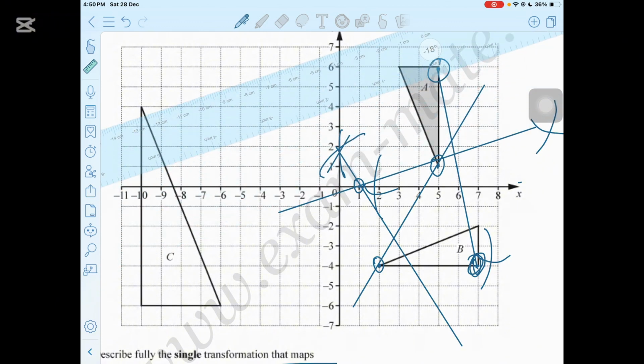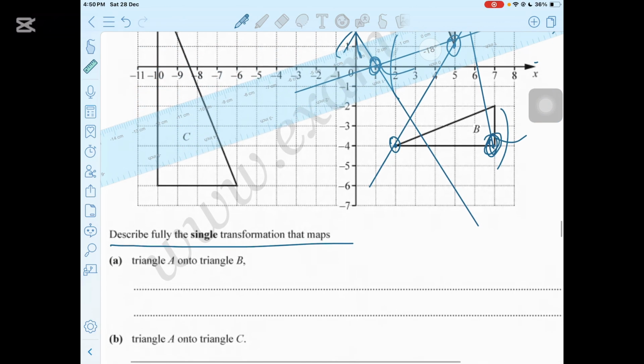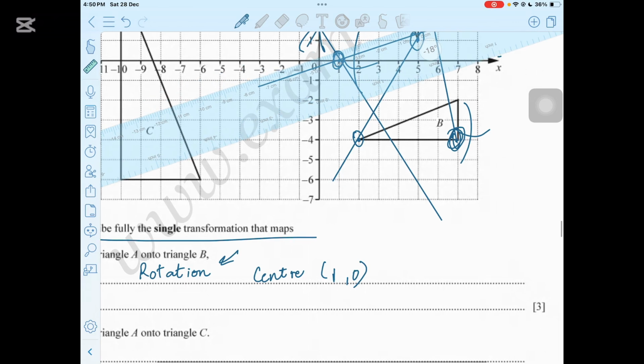So these would be our line bisectors. These line bisectors meet at a point and this is the center, right? So we have a rotation with center 1 0.